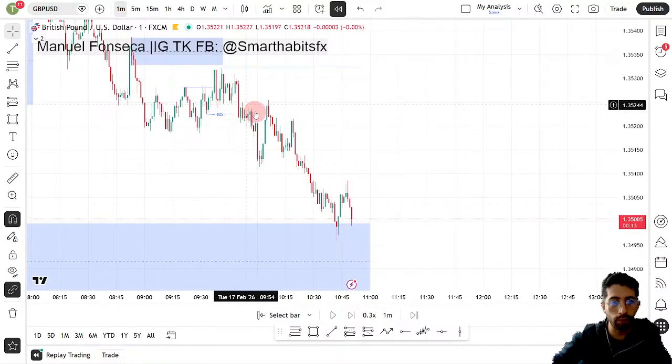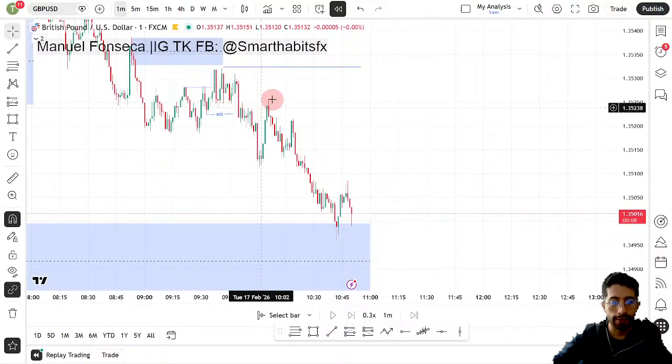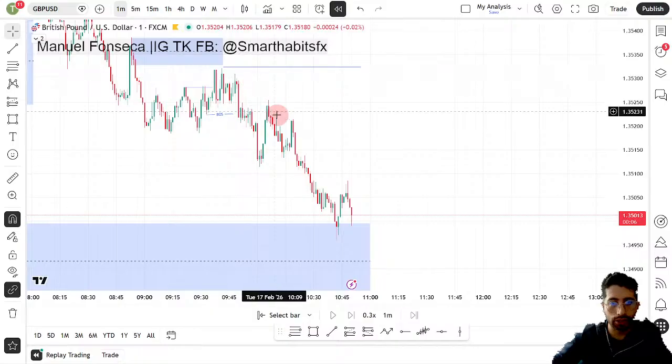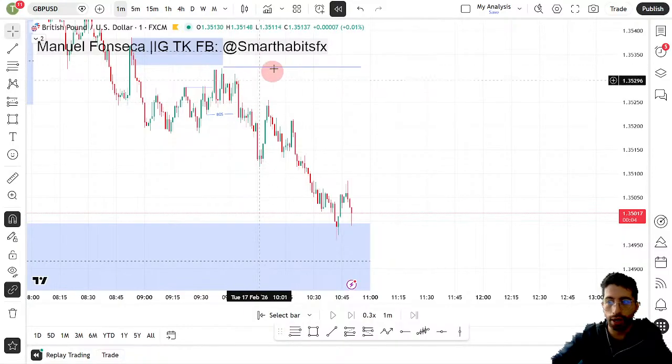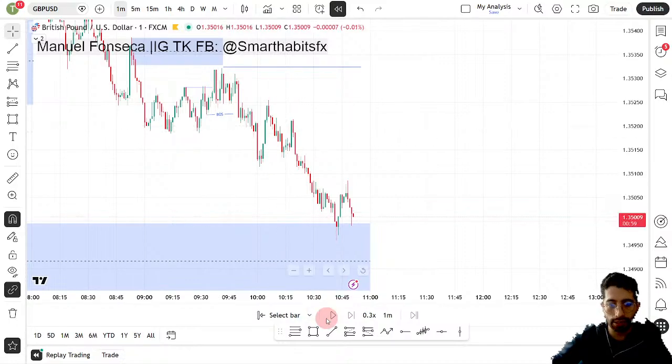Now the question would be why this one is not our strong high or beginning of a range. It's simply because here we have something that is called an imbalance above this area.